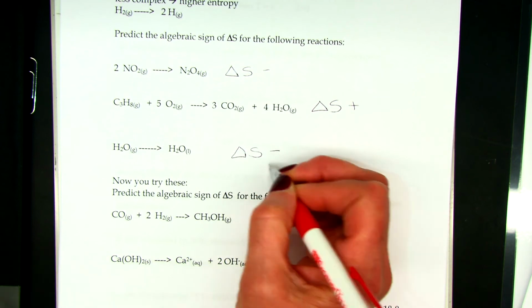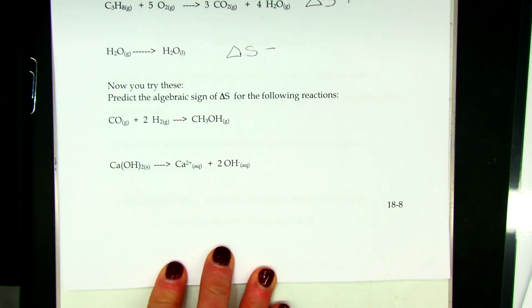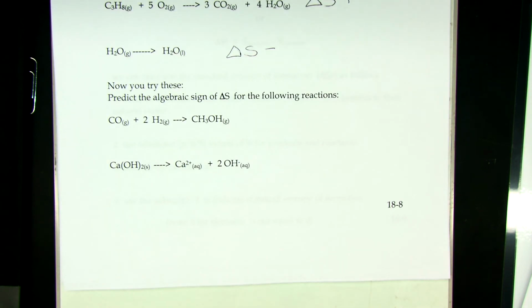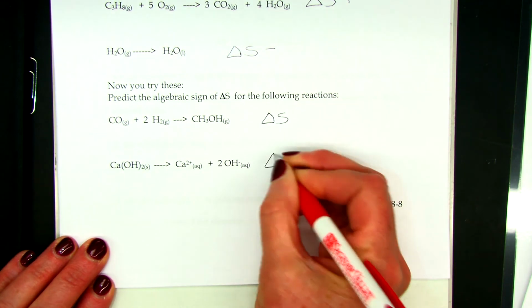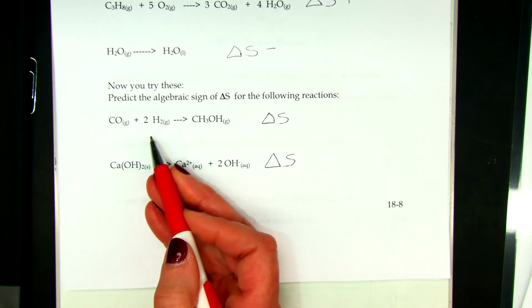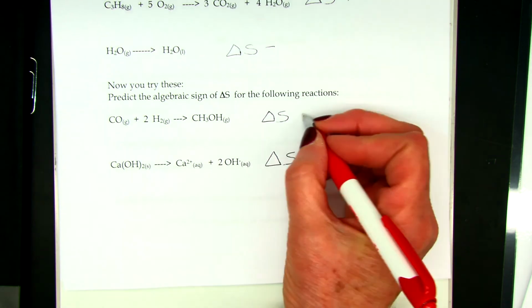change would be negative. So now, with those ideas in mind, look at these next 2 equations and just tell me, what would you expect the entropy change to be for this first one? Negative. Why?